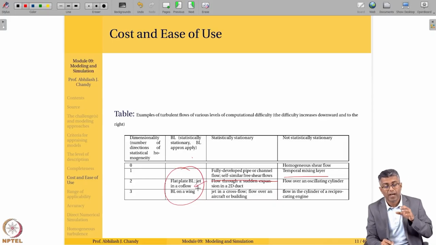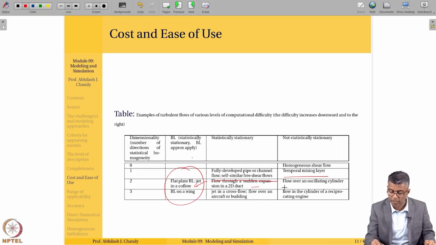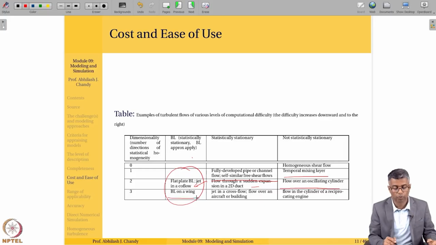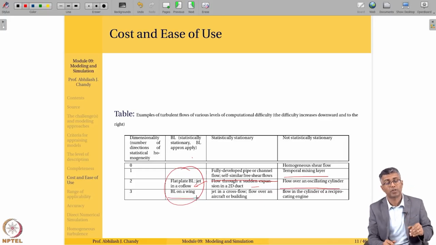Now, a scenario where the boundary layer approximation does not apply and the flow is statistically stationary is flow through a sudden expansion in a 2D duct. A flow where the boundary layer approximation does not apply and which is not statistically stationary is a flow over an oscillating cylinder. Now you go to 3D: the boundary layer on a wing, where the boundary layer approximation applies.